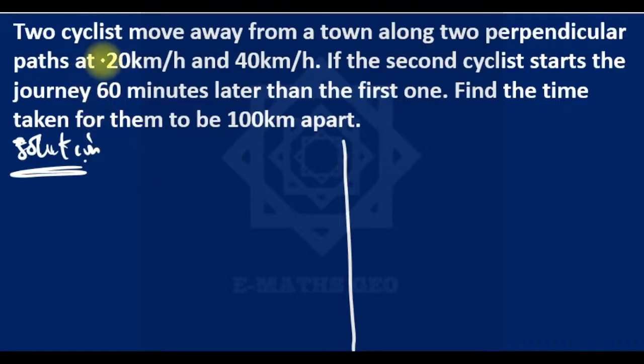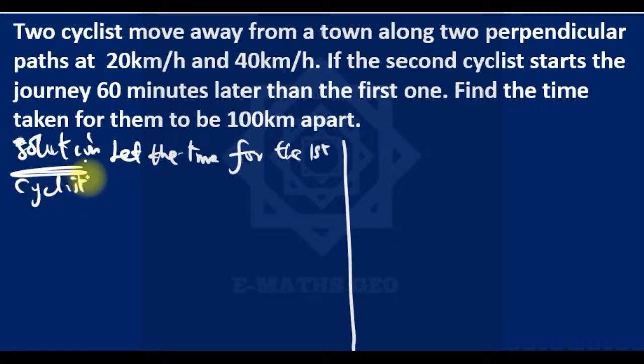So the first thing we said, let the time for the first cyclist be t, then the second starts 1 hour later.